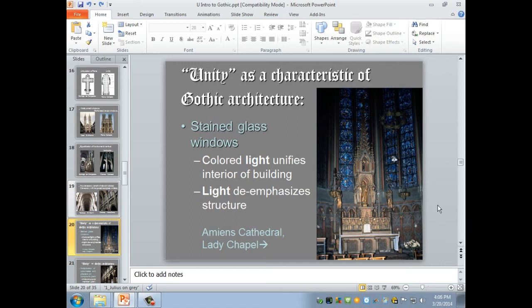And here we see them at Amiens. Katzenellenbogen called them energy spouts because you have more and more the higher you go. They've also been called a reverse waterfall, because we have more and more of these vertical elements. But they tie the church together.